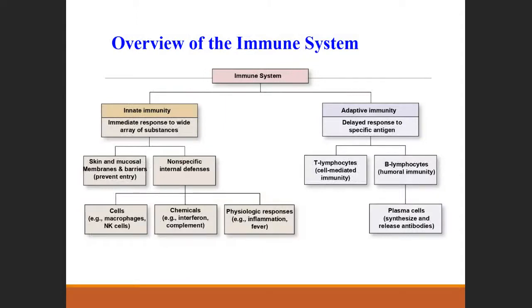So when we compare where we are now to what we've already discussed, remember the innate immune system was non-specific. It wasn't there to target any particular foreign invader. It was an obstacle course. It was a gauntlet that's put in place to make any invader trying to enter the body's life a little bit more difficult.